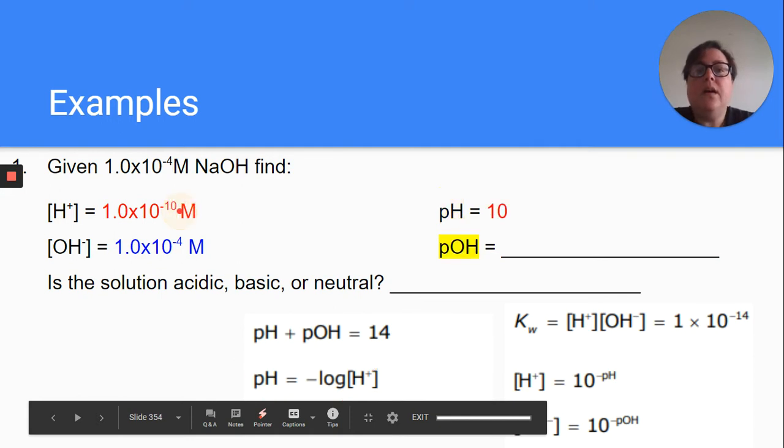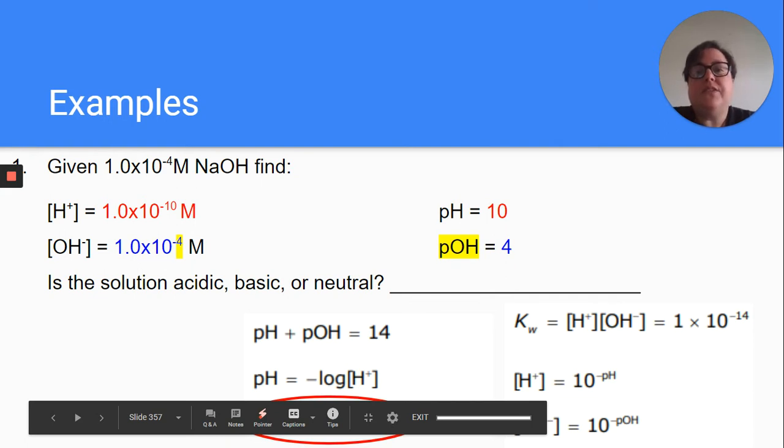To solve for pOH, you have a couple options. You could use the pOH is equal to the negative log of the hydroxide concentration. So you have hydroxide here, so you want to make sure you're looking at your concentration of hydroxide. So we look at the exponent, and that becomes our pOH. So the exponent gives you pH or pOH.